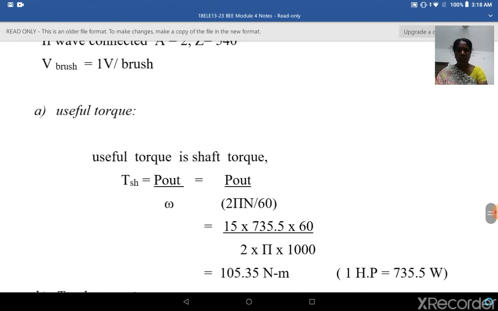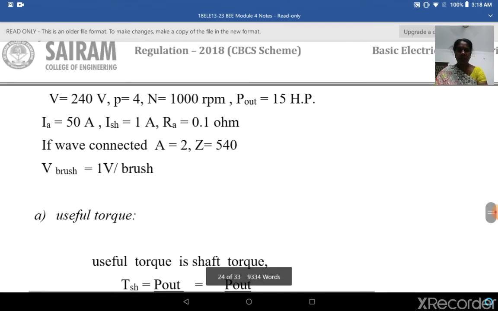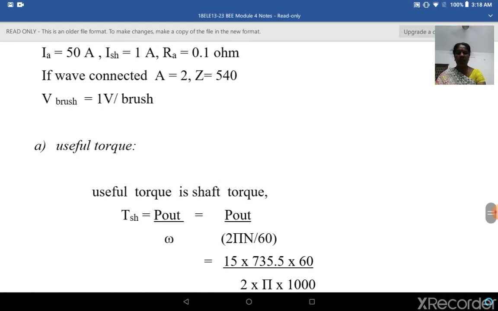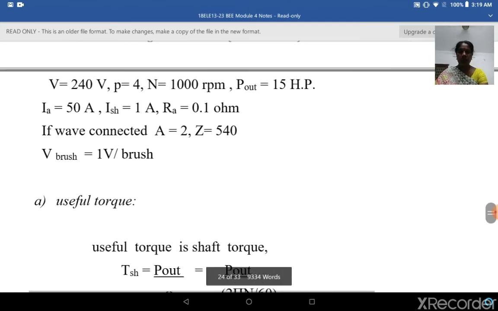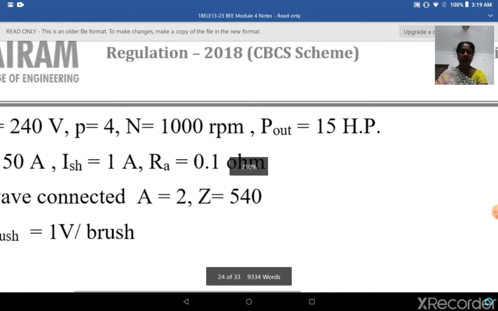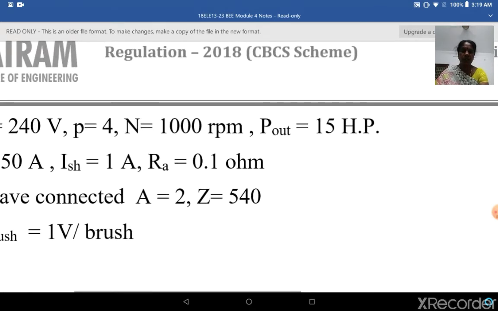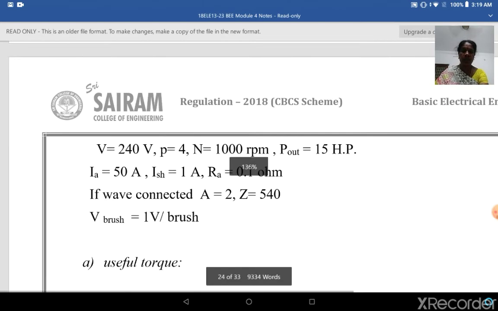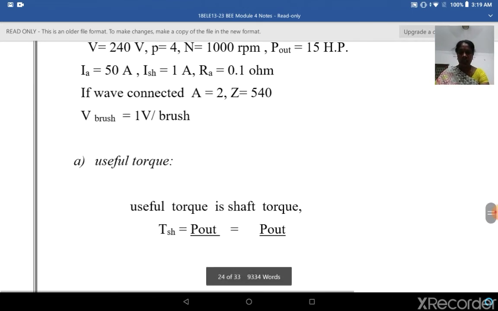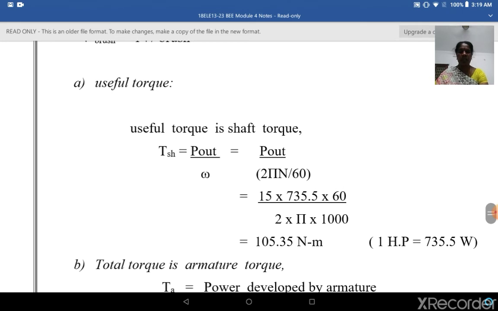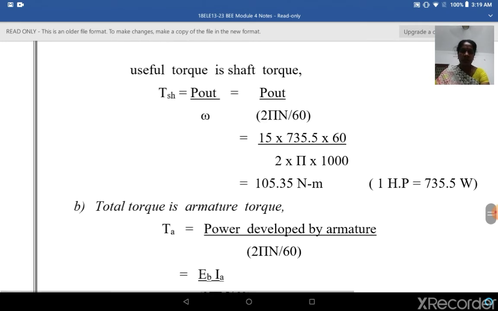To convert that into watts, it is multiplied with 735.5. So we will get the torque as 105.35 Newton meter.